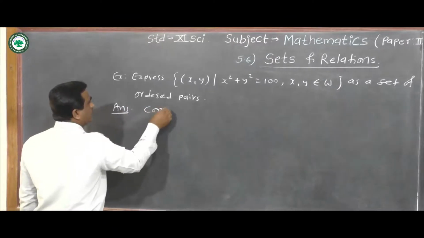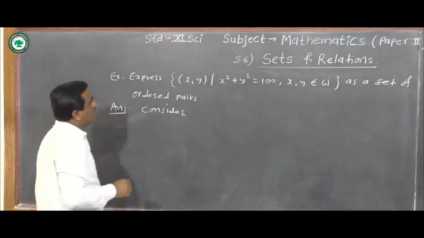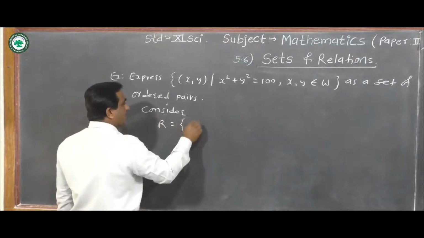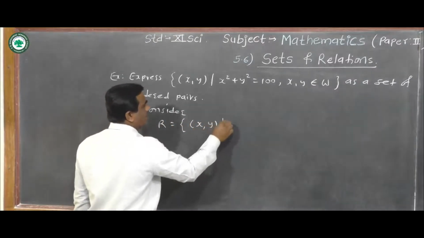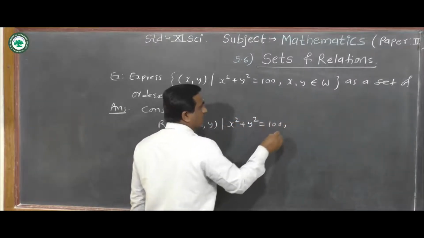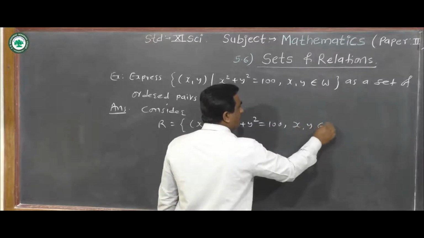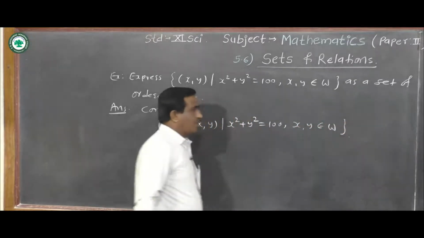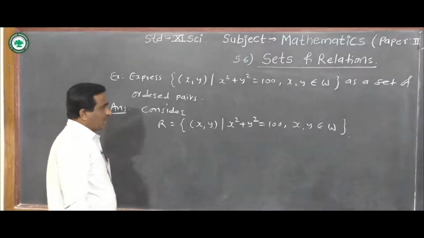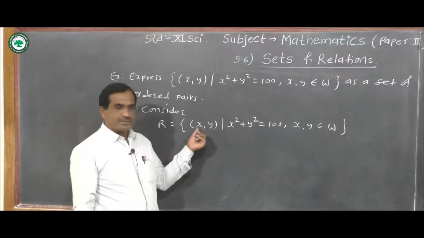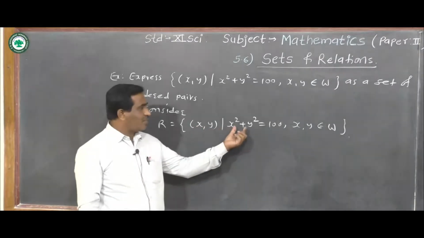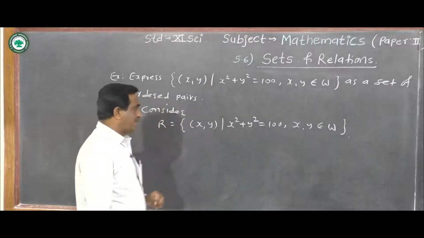Consider given relation, that is R equal to, in curly bracket, ordered pair (x, y) such that x square plus y square equal to 100, where x, y belongs to W, set of whole numbers. Okay, now here we can consider values of x and y and verify this result, x square plus y square is equal to 100.